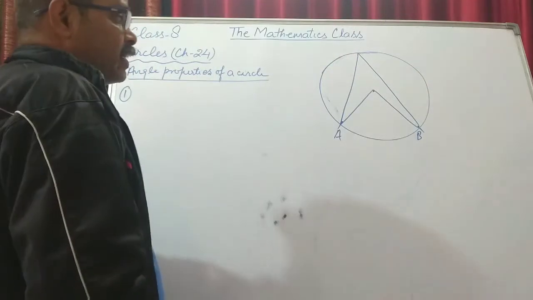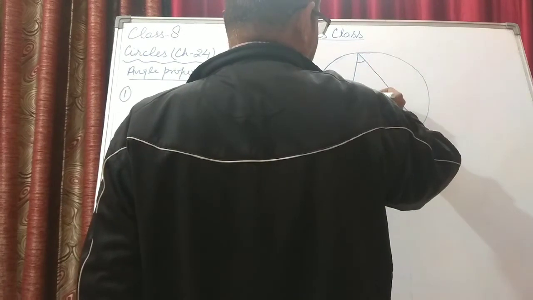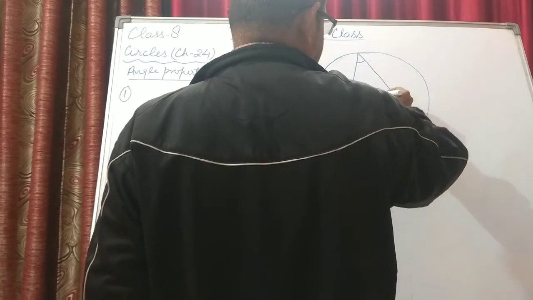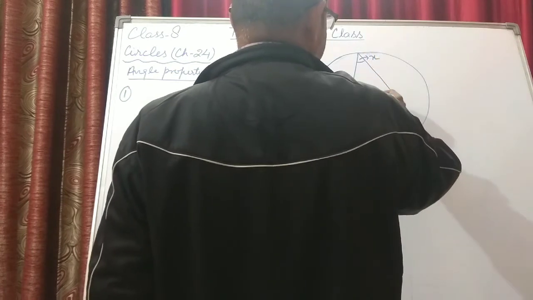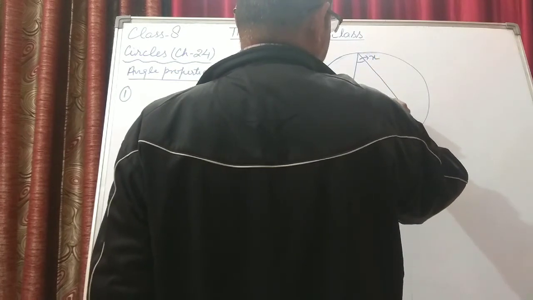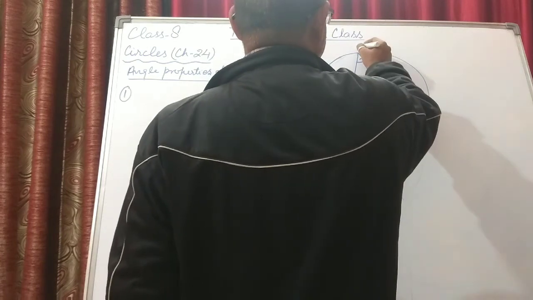Whatever is the value of this angle, the angle made by the same arc at the center is double. Suppose this value is x, so this will be 2 times x. Suppose this is point O, this is point C.